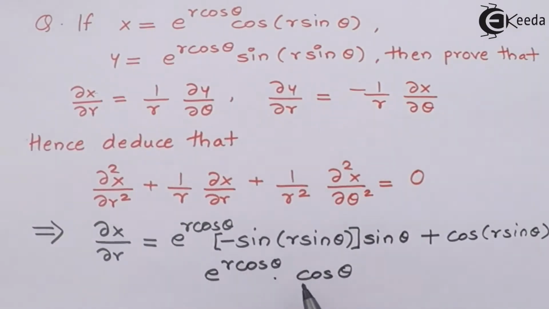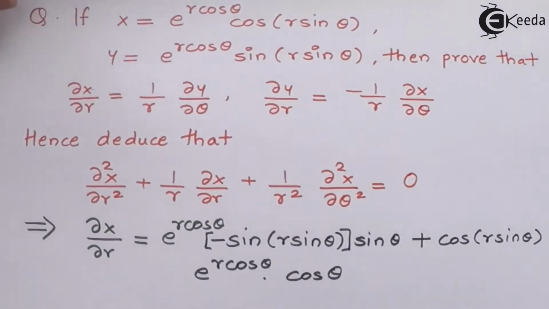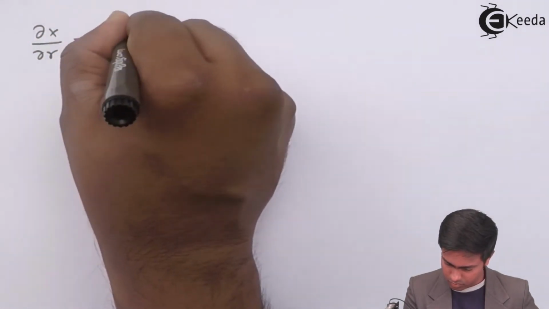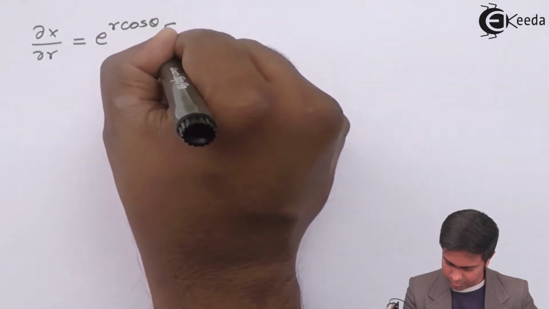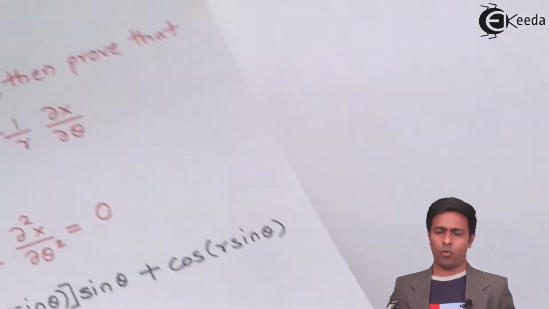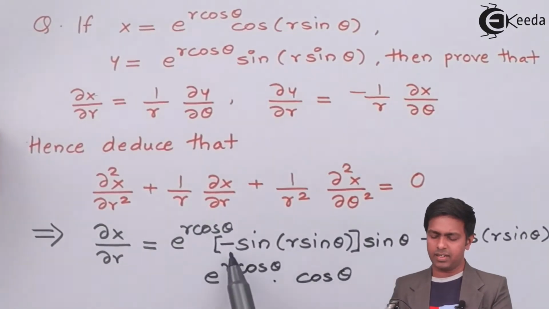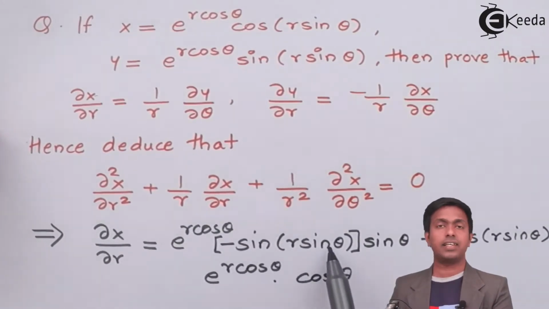Now from these two terms we can take e to the power r cos theta common. So here we'll get, and now in the bracket let's see what remains. So from the first term this sine theta and negative sine of r sine theta will remain.